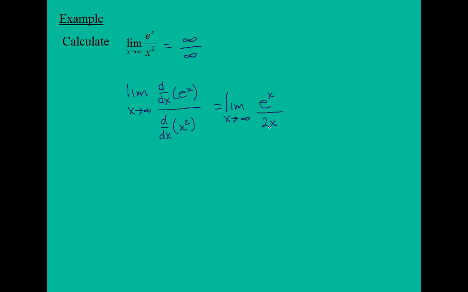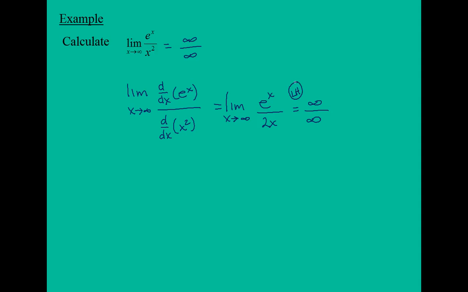Now we look at direct substitution again. If we apply direct substitution, e to the x as x goes to infinity would go off to infinity. Likewise, 2x goes off to infinity. So we can apply L'Hopital's rule again.